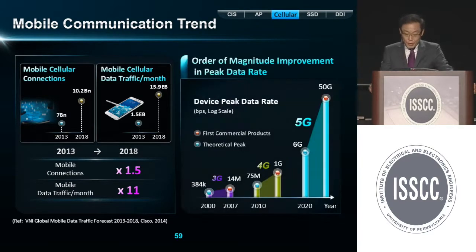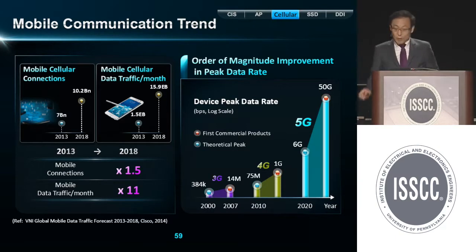In the long run, we'll need 5G mobile communication, which is targeting 6 gigabps to 50 gigabps in its peak rate. Compared to Samsung's recent cellular modem chip, which supports up to 450 megabps, this is about 10 to 100 times increase. Of course, it will bring much complexity to future chips.